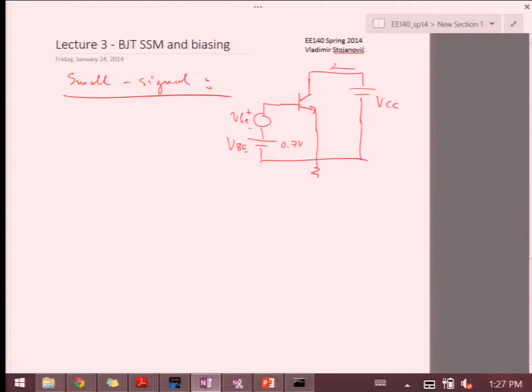Then I have current IC, capital, which is the bias current plus small signal current. And then also here, I'll have the IB, which is going to consist of the bias current and also the small signal current.